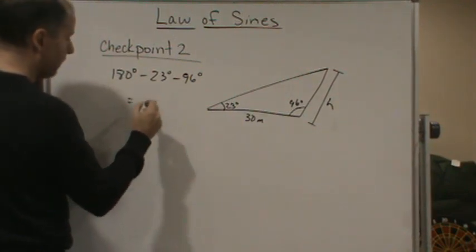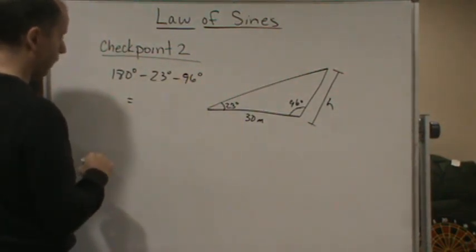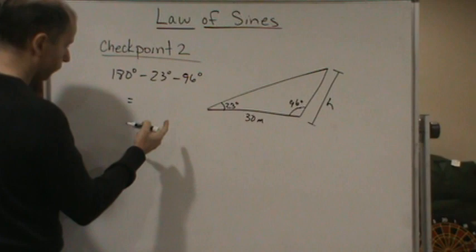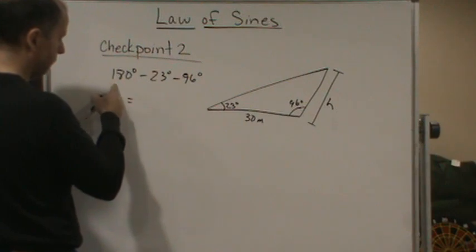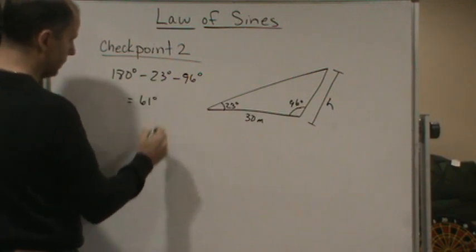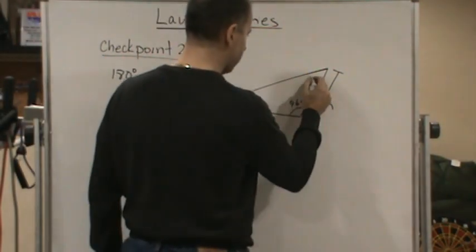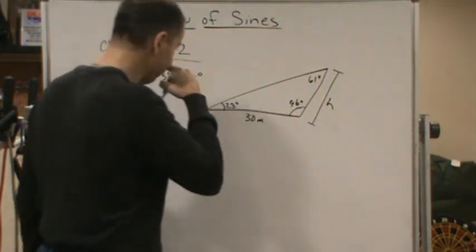So we know the missing angle is going to be what? So 119 subtracted from 180. So that's going to be 61 degrees, right? So we know this is 61 degrees.